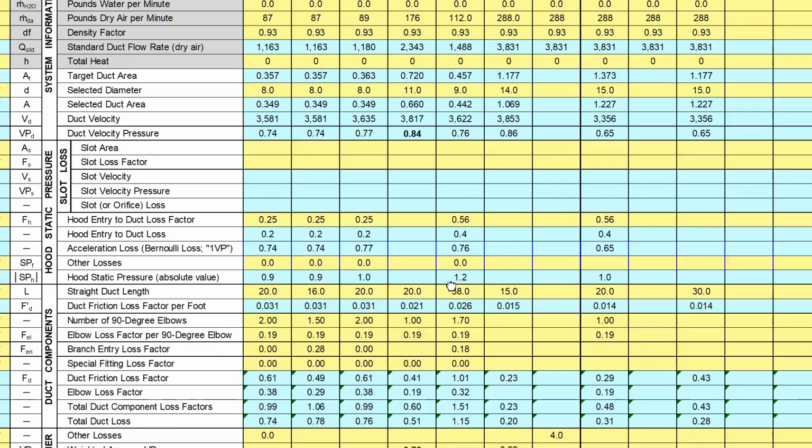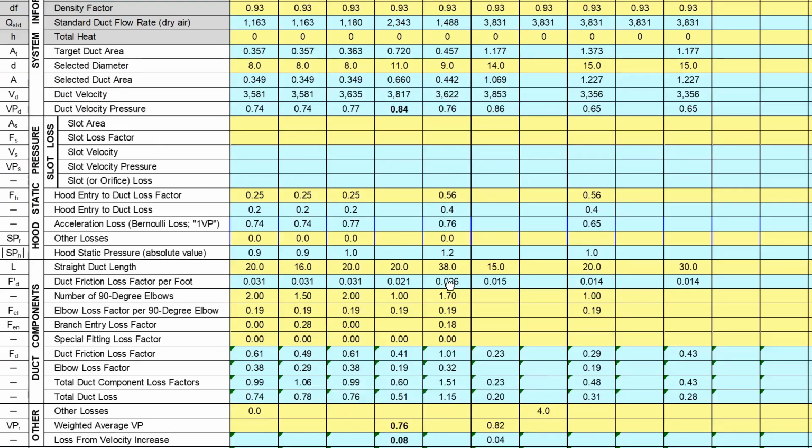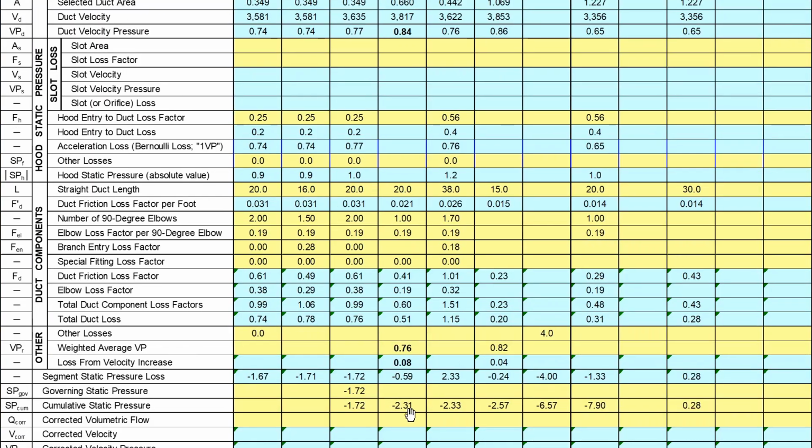That gives us a cumulative of 2.31 inches of water gauge. And as long as we design for 2519 CFM at 2.31 inches of water gauge, within this pressure, we have enough to satisfy our static balance. We have enough to satisfy our friction losses in our main. And we have an additional 0.08, which is not required for any static losses.